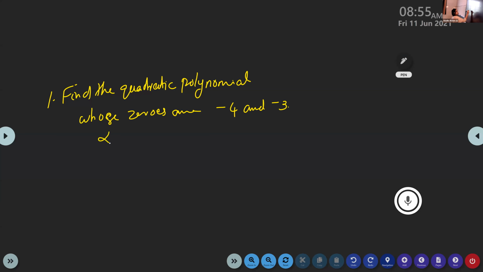So here alpha equals what? Alpha equals -4. Very good. Beta equals -3. Now write the formula. The polynomial will be k into x square minus alpha plus beta into x plus alpha beta.